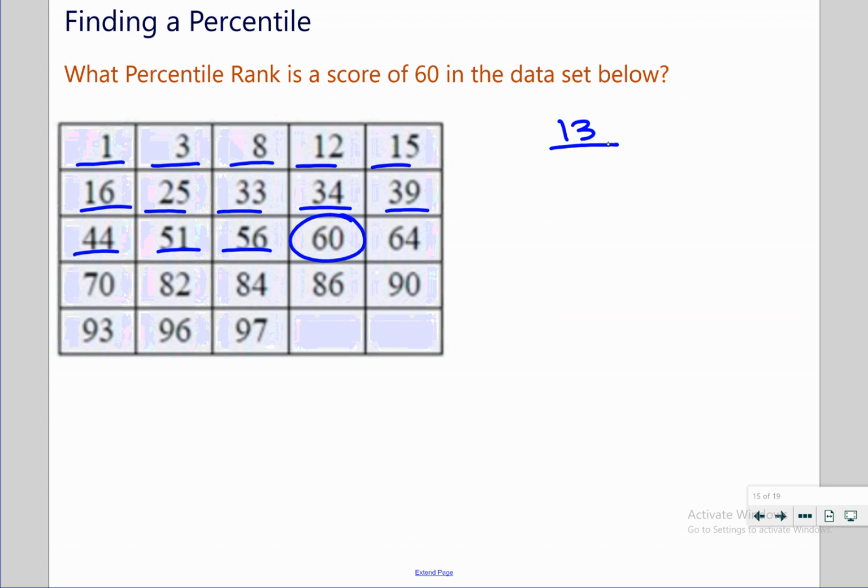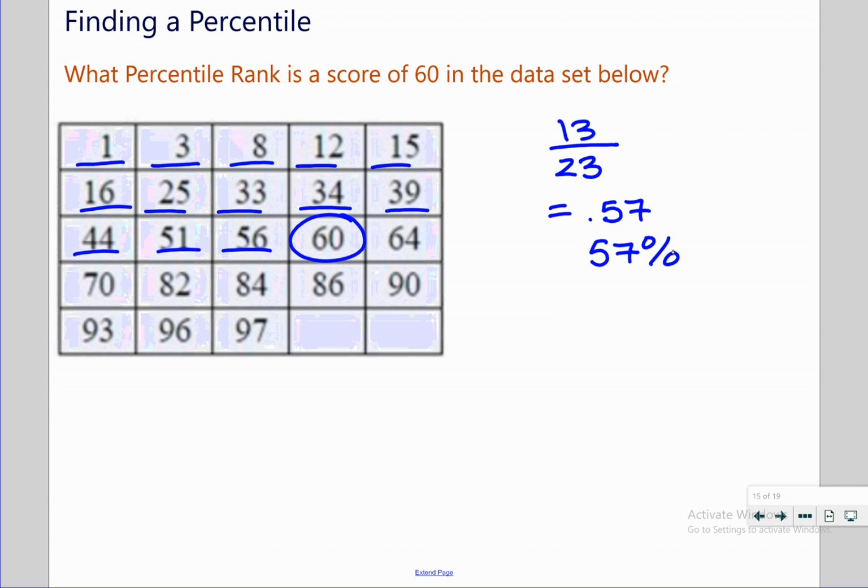Divided by how many data values there are total. Looks like there's 23. Divide it, get a decimal, turn it into a percent. 13 over 23 gives me about, if I round to a couple decimal places, 0.57, about 57%.